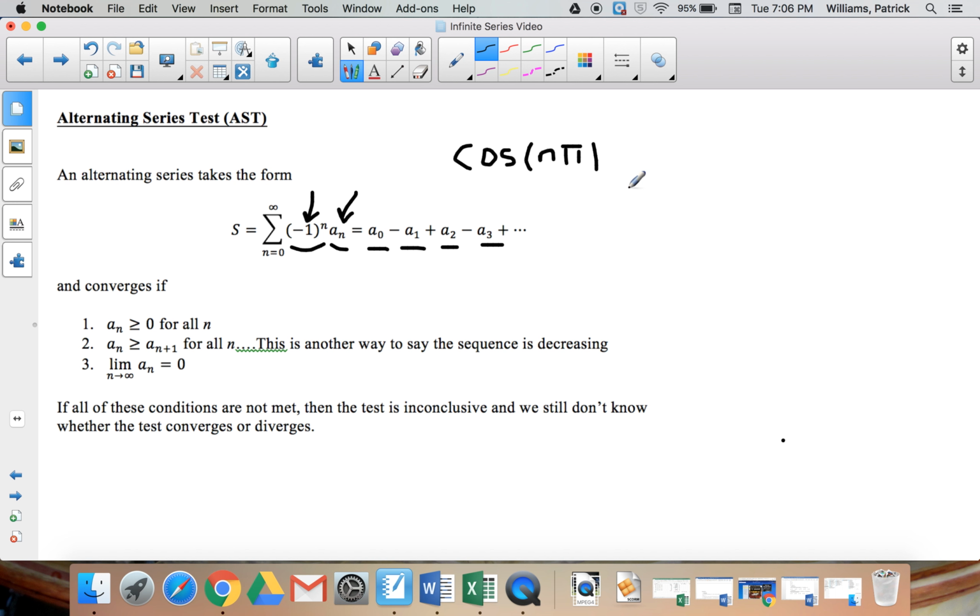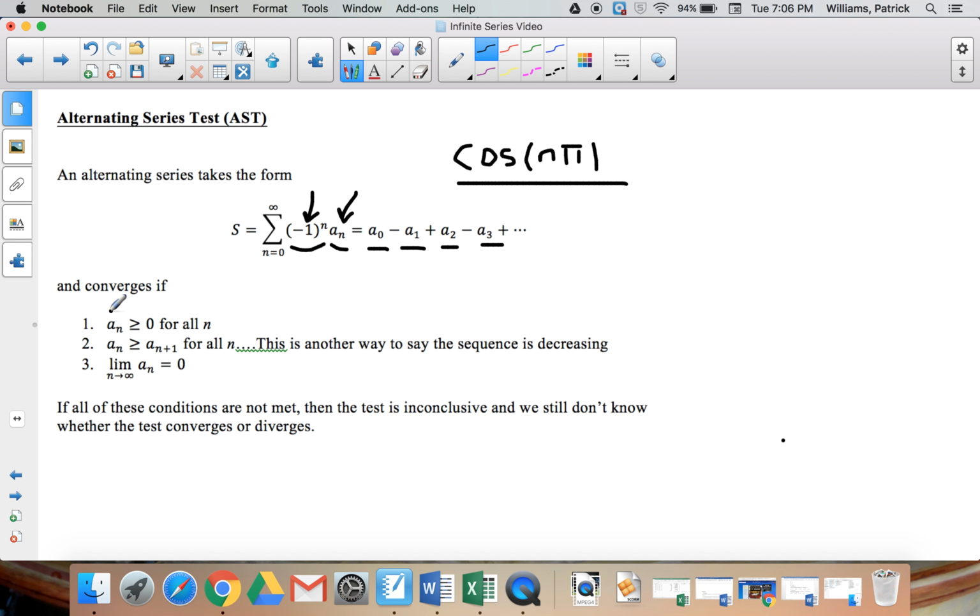But when n is equal to 1, it will be -1. When n is equal to 2, it will go back to 1, and so on and so forth. So sometimes if you see trig functions that are functions of n pi out front, that's also an indication of an alternating series. And we can actually just replace this with -1 to the n or -1 to the n plus 1, depending on where our series started. But anyway, it's a very simple test.